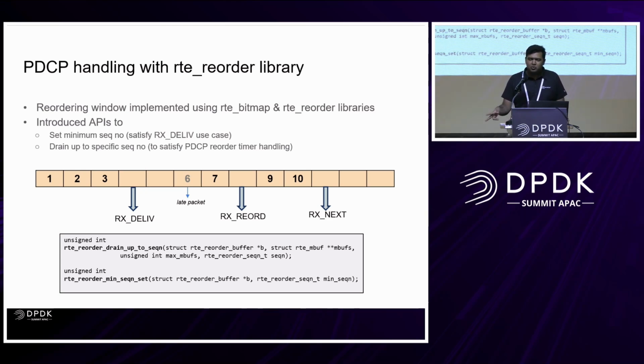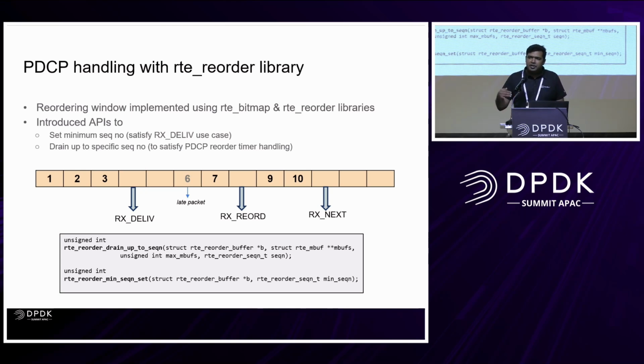So there were two major limitations that we saw. The first one is that the RT reorder library would return n number of buffers in order only. So let's say we have packets 1, 2, 3, and we don't have packet number 2. So we push packet numbers 1 and 3 to the reorder library.